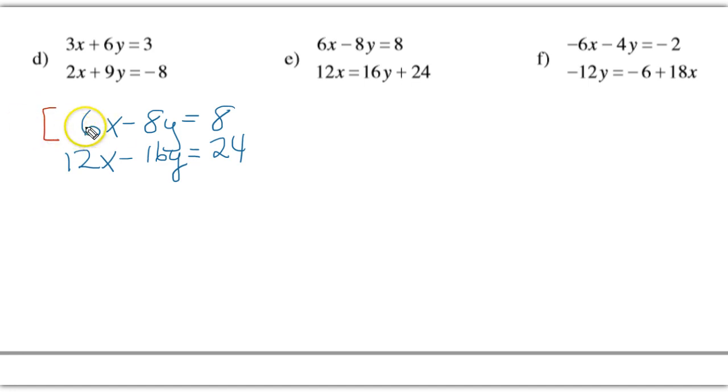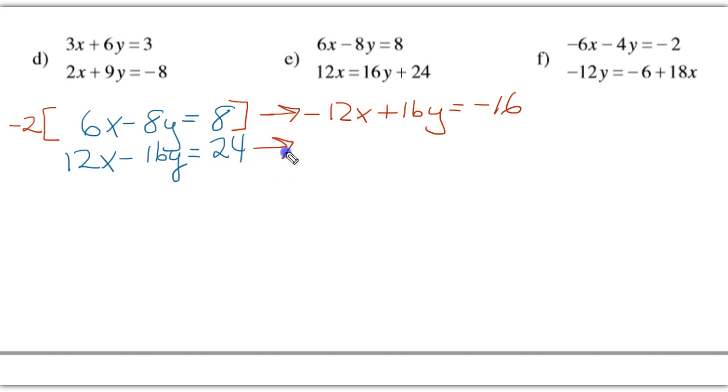Well, if I modify this equation by multiplying it by a negative 2, let's see what happens here. This will be a negative 12x, positive 16y equals a negative 16. And this one I'm just going to copy. This is 12x minus 16y equals 24.